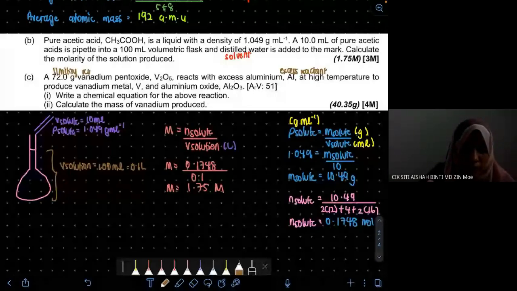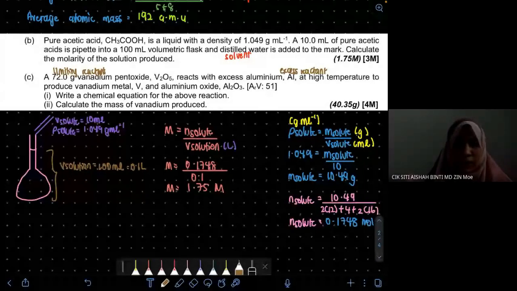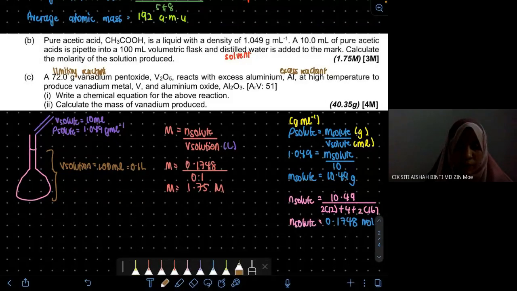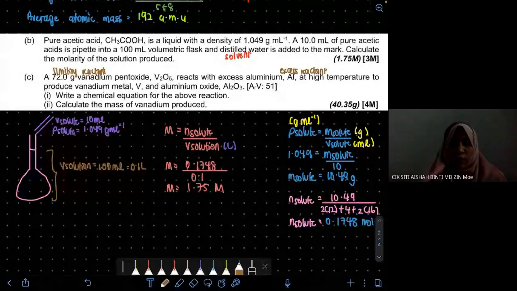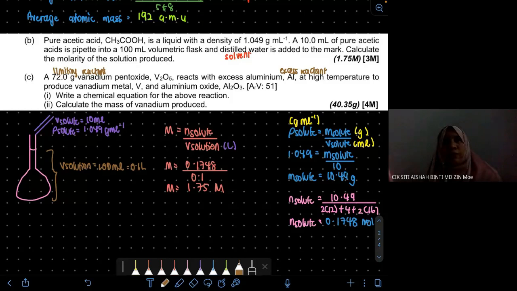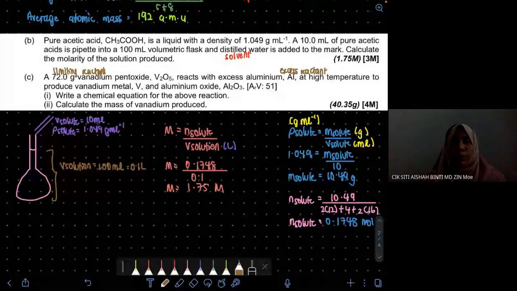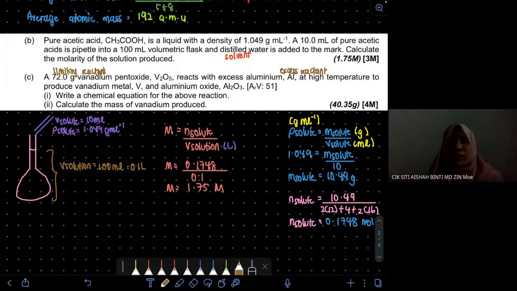If the question only give you one information of the reactant, maknanya kamu tak perlu cari limiting reactant, ambil sahaja. Tapi, based on the question itself, dia ada bagi information of both, tapi dia tak kata pun determine the limiting reactant. You have to find out. The most important thing nak cari limiting reactant, kena ada information about both of our reactant.